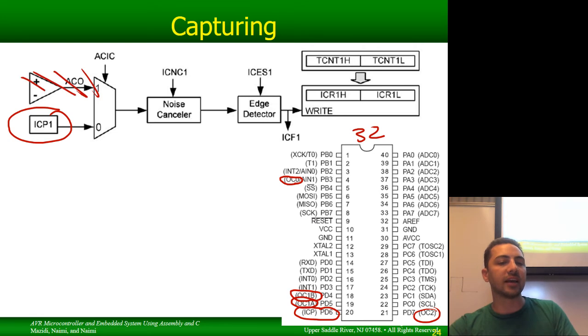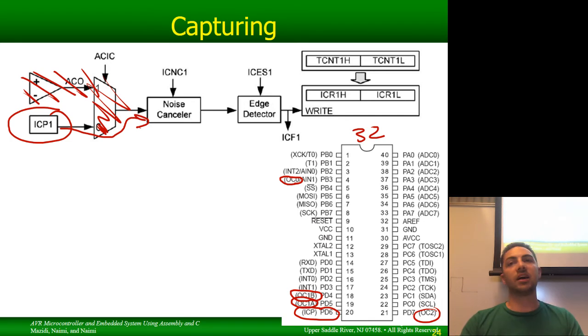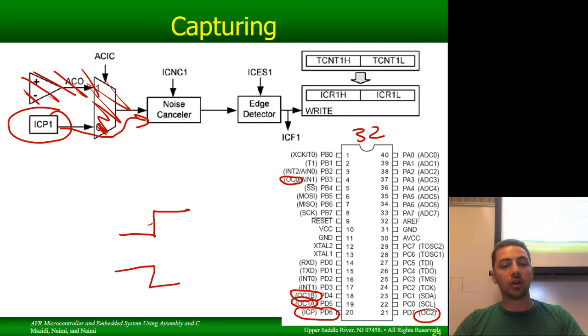Ignore this for a second, okay? Ignore the mux for a second. Just assume that it goes right through this noise canceller. The noise canceller is there to prevent things like bounce and weird gross stuff from happening. And it goes into an edge detector. It detects a high edge or it detects a low edge. And then that can trigger its own interrupt or do some other stuff.